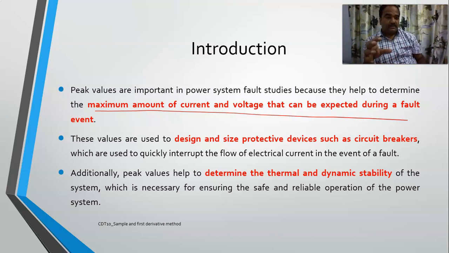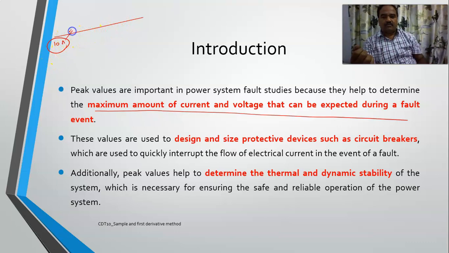Based upon these maximum values of current and voltage, we will be designing the protective devices, the circuit breakers or the fuses or the relays, everything. The design is based upon the maximum values of current. Suppose I have a transmission line which is normally supposed to carry 10 amperes.